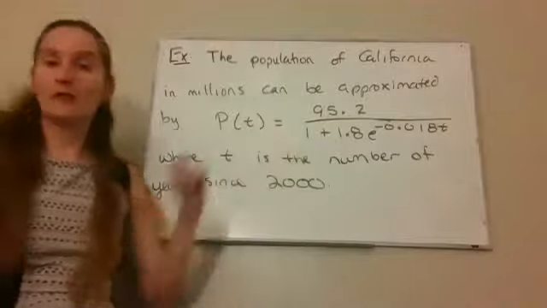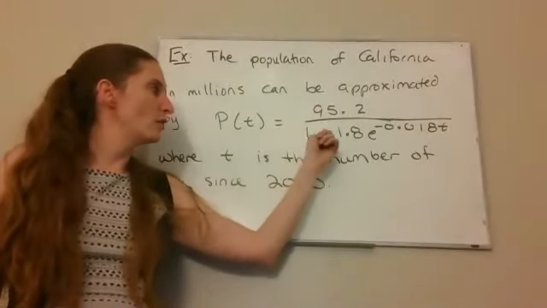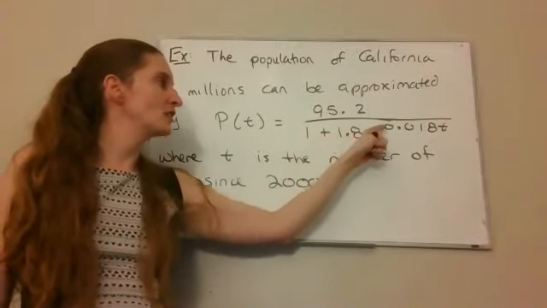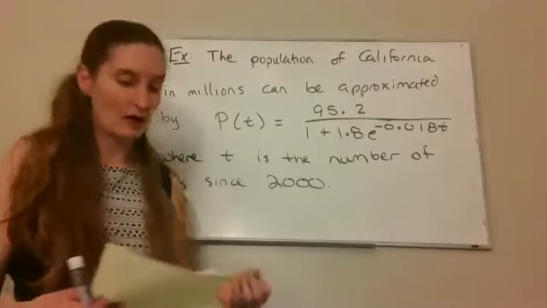So notice this is one of our logistic models. I have a constant over 1 plus constant times e to a negative constant times t. That fits our logistic model.